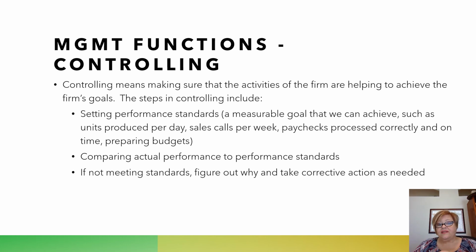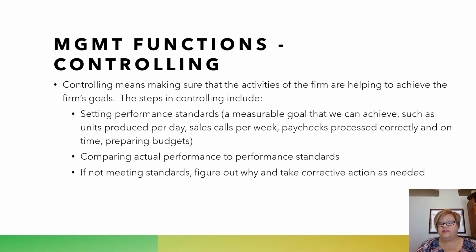Now we're not meeting the standards. Let's figure out why. Was the standard not achievable? Or was it that they overspent and we need to figure out where they overspent and correct that for the future? Okay, so that's one thing, comparing budgeted to actual, comparing projections to actual.